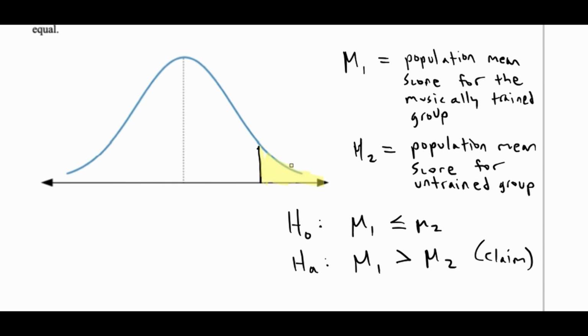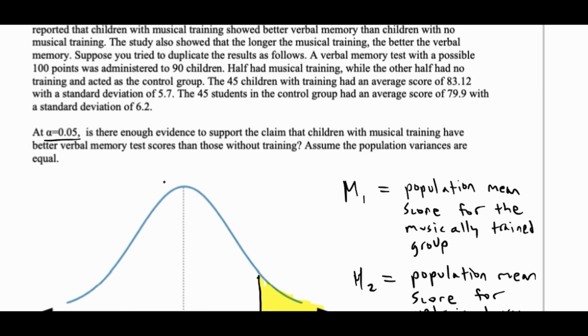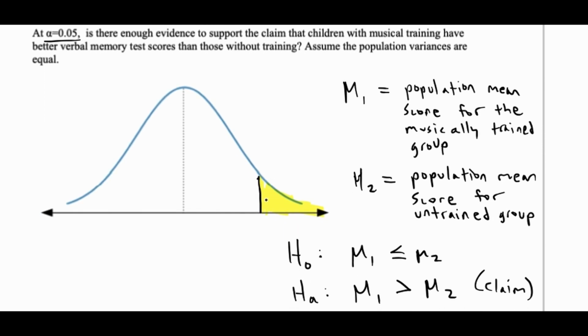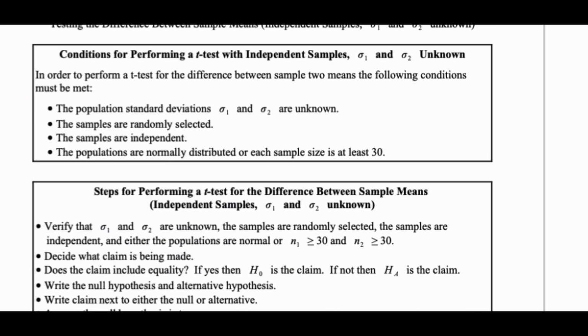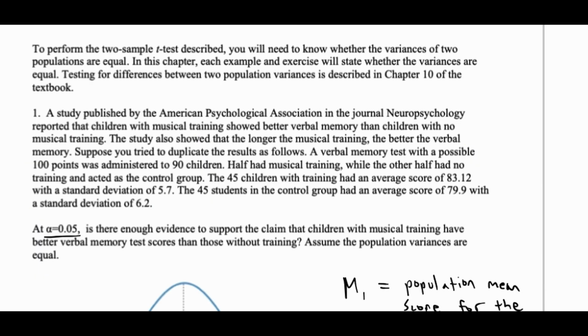Let's find the TC that goes with this right-tailed test. They say use an alpha level of 0.05. Since it's a t critical value, we have to use the degrees of freedom. According to the guide here, the way we get the degrees of freedom matters whether the variances are equal or not equal.